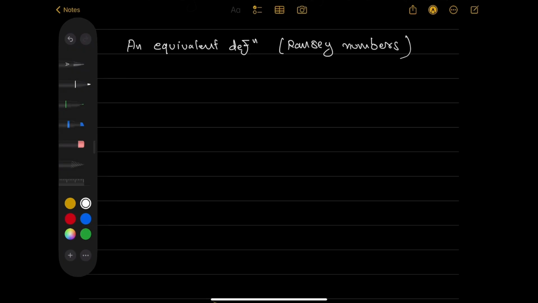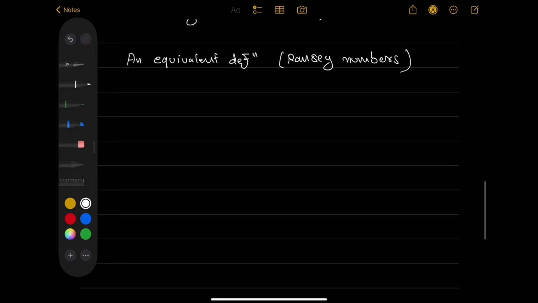Okay, so before moving to the probabilistic things, let me show you an equivalent definition of Ramsey numbers.